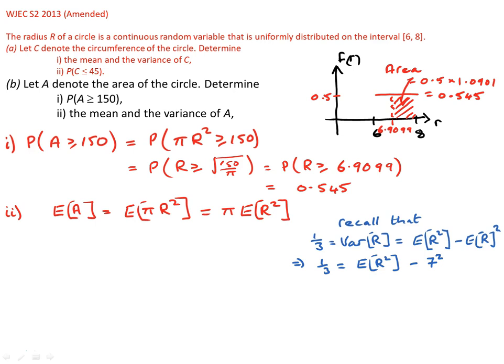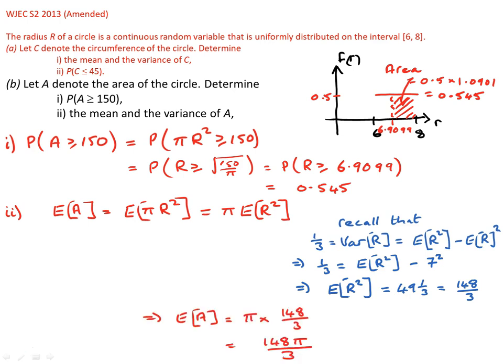So we've got the expected value of r squared is 49 1/3, which is 148 divided by 3. So the expected value of A is pi times the expected value of r squared, so that's 148 pi divided by 3.